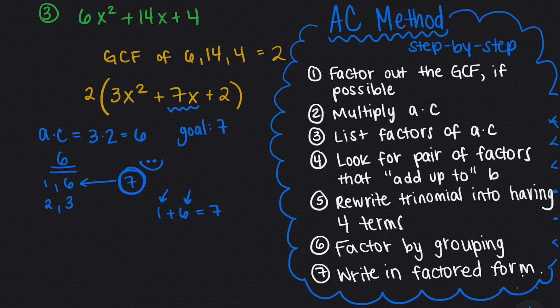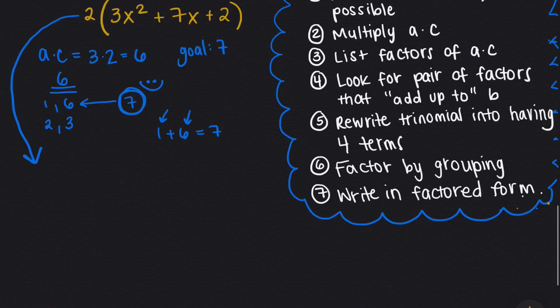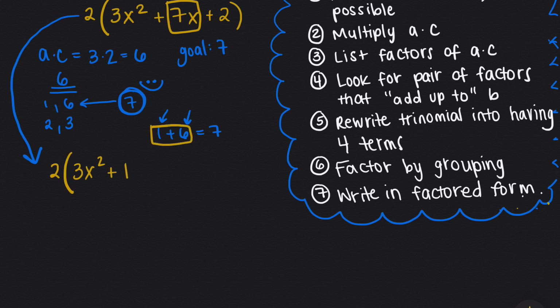So I'm going to take this trinomial and write it as having 4 terms. We'll keep the 2 on the outside, open up your parentheses, and we bring down the 3x squared. But instead of writing plus 7x in the middle, we'll write 7 as the sum of 1 and 6. So we'll write plus 1x plus 6x, and then we bring down the last term, which is a 2.